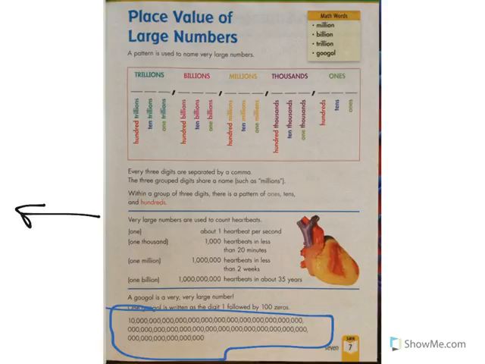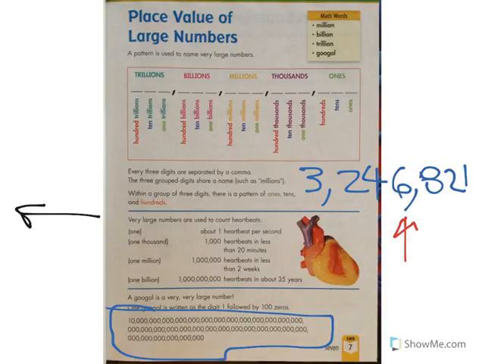So if I have a number like this, okay, I have a number like that, those commas, again, are key to providing the breaks to make sure it makes sense.